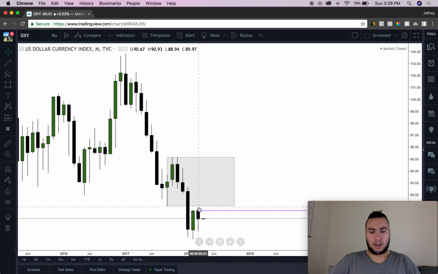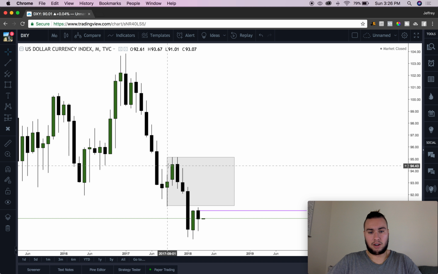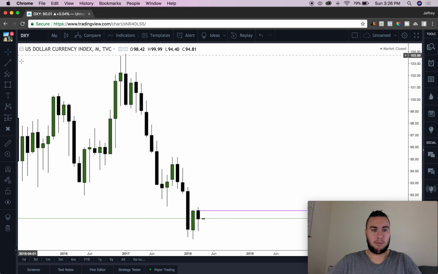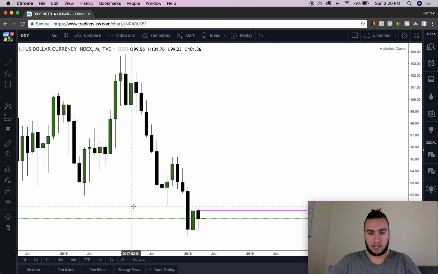We didn't quite come up into the low of this candle. I'm going to take this box off now that you guys know what I'm looking at here. We didn't quite come up into the low. We just failed. But I see this as a potential high and the market wanting to trade lower.